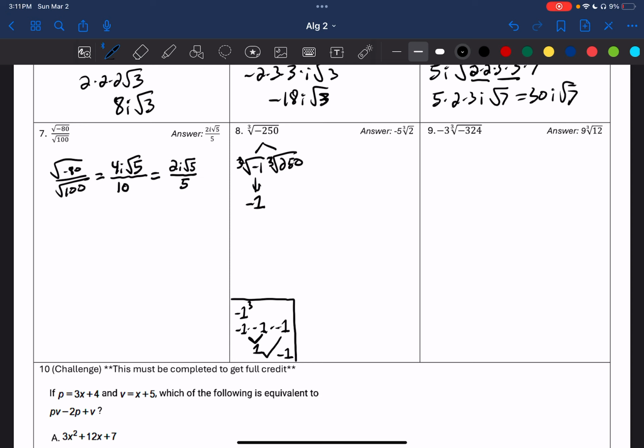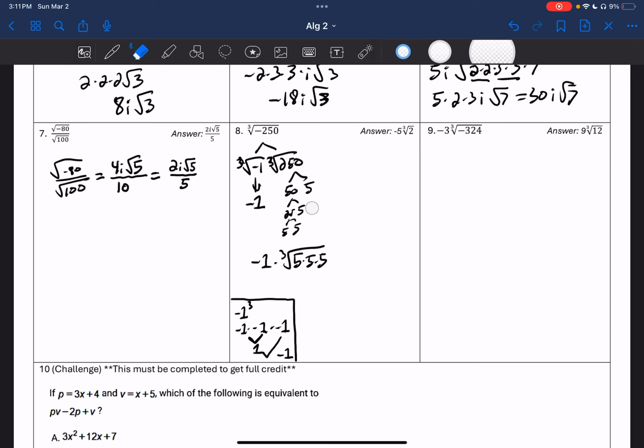And then what we have to do is simplify this cube root of 250. So I'm going to go 50 and 5, 25 and 5, 5 and 5. We would have -1 times the cube root of 5 times 5 times 5. And I made a mistake.